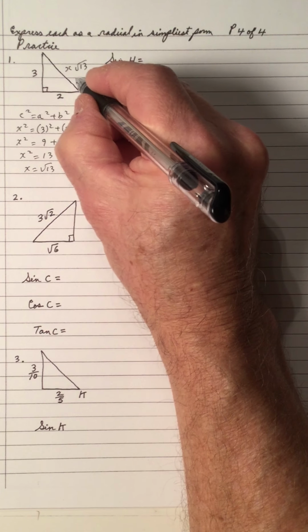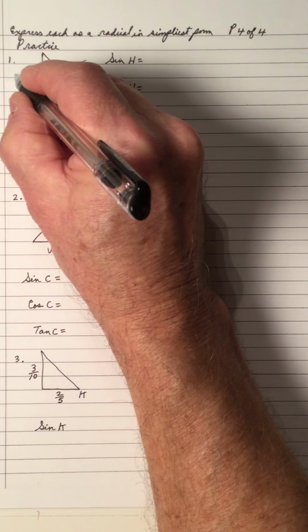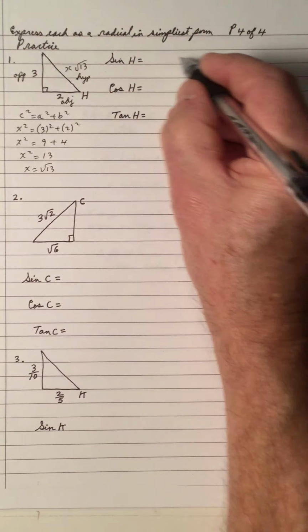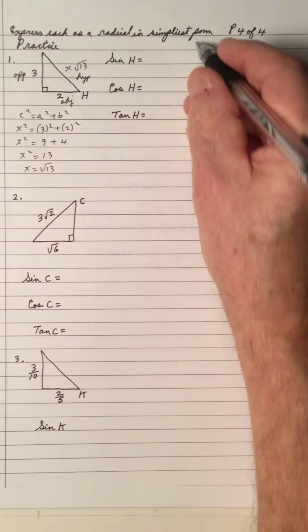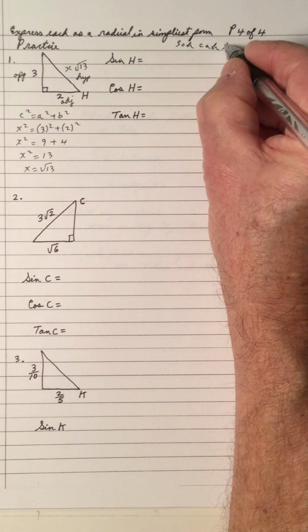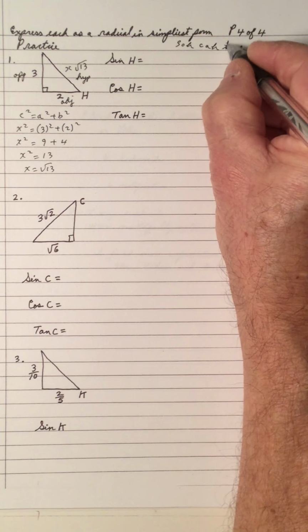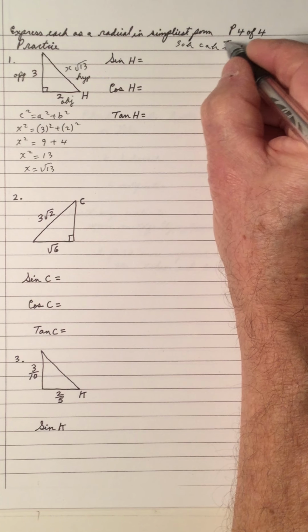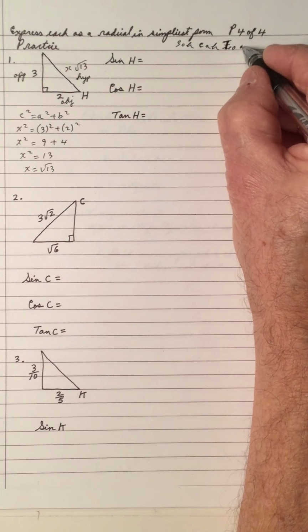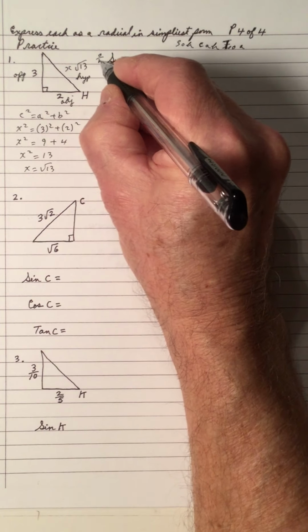Now you label this as the hypotenuse. We're doing it in terms of h, so this is opposite, and this is adjacent. So sine, SOHCAHTOA. Sine is opposite over hypotenuse.